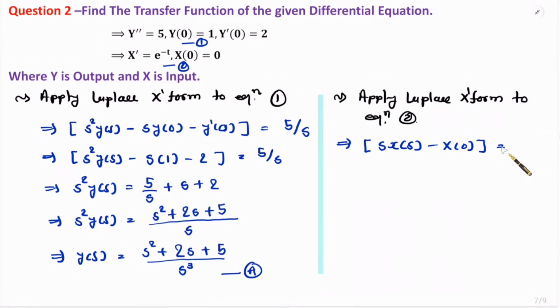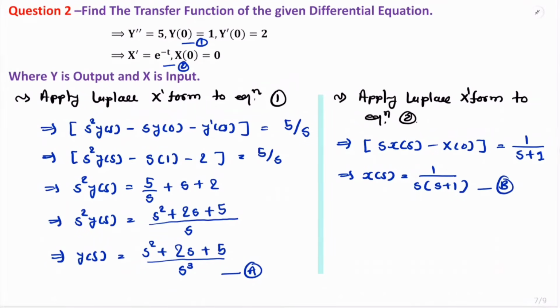The Laplace transform of e to the power minus t is 1 divided by s plus 1. Right. Here we have the 0 initial condition, x of 0 is 0. So one can say X of s is 1 divided by s into s plus 1. Right. Let us say this is equation B.